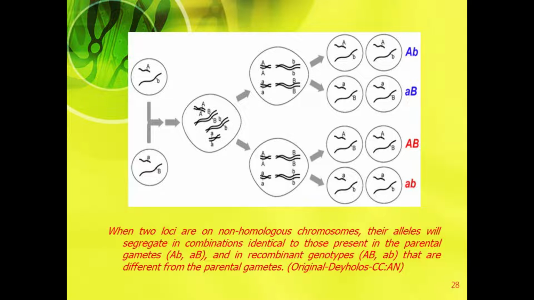It's already explained in the previous slides. A frequency of approximately 50% recombination is therefore a defining characteristic of unlinked loci. Thus, the greatest recombinant frequency expected is only 50%.